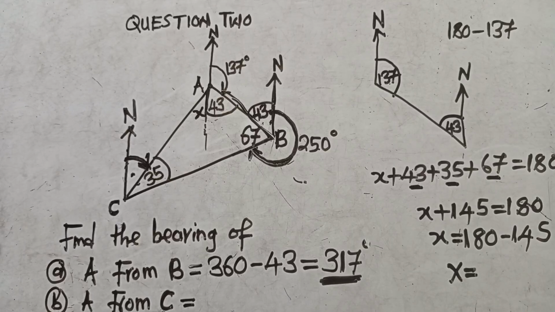When you do some calculations there, 180 minus 145, what answer are you going to get there? So you say, okay, 35. We get a 35, isn't it? Confirm with me. You can confirm with me that particular answer. So we are going to get 35.